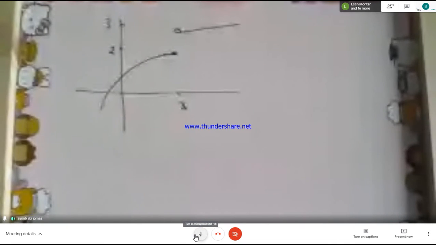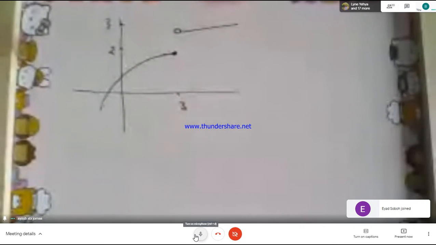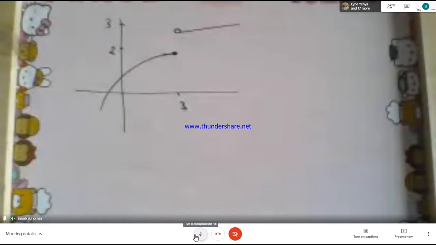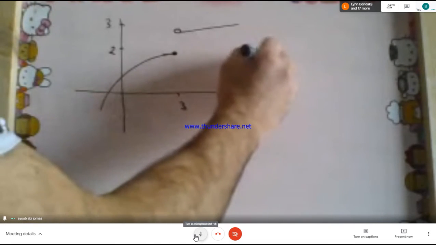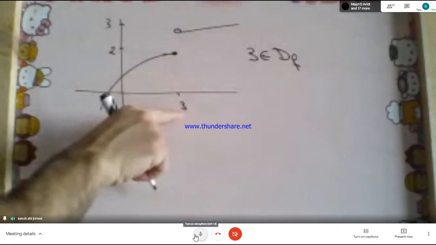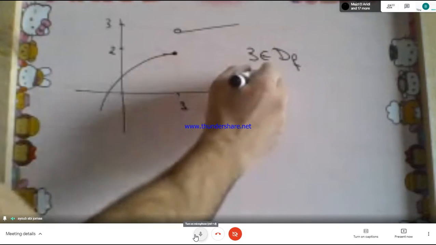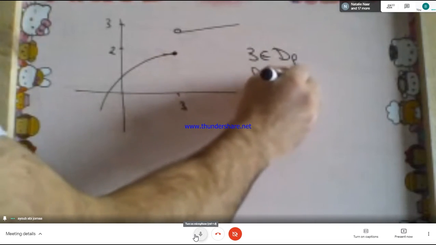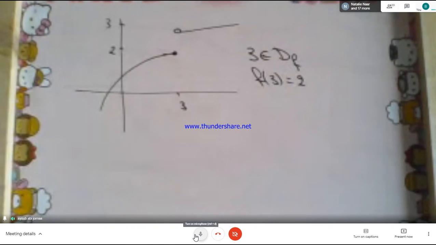What's f of 3? 2. The function is defined at 3. 3 belongs to the domain. And f of 3, as we said, we consider the bounded point. f of 3 is equal to 2. So the condition where the function is defined at the given point is satisfied.